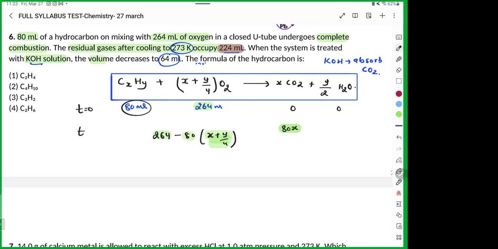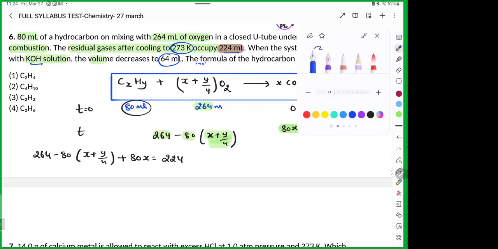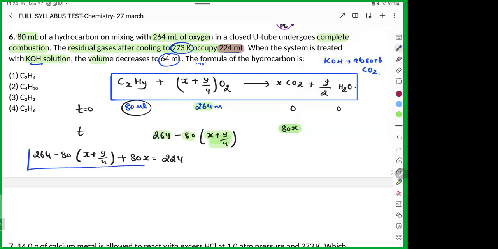So can you say this: 264 minus 80 times the number of moles, x plus y by 4, plus 80x, total amount is equal to 224. Why? Given in this, residual gases after cooling occupy this.